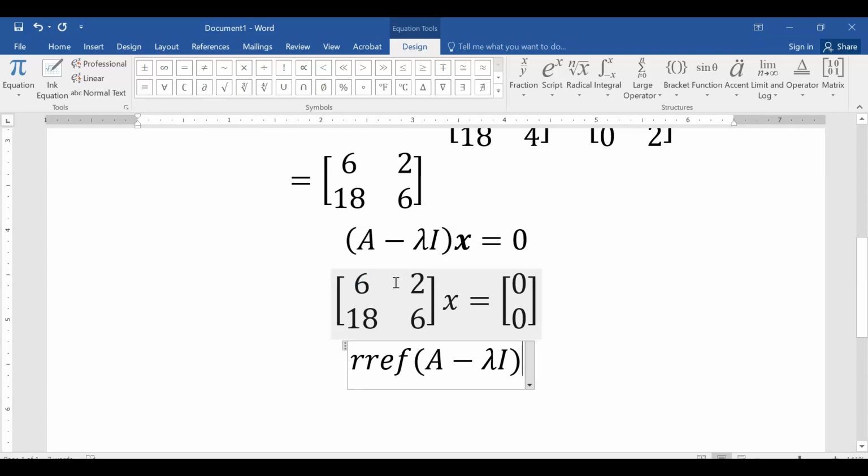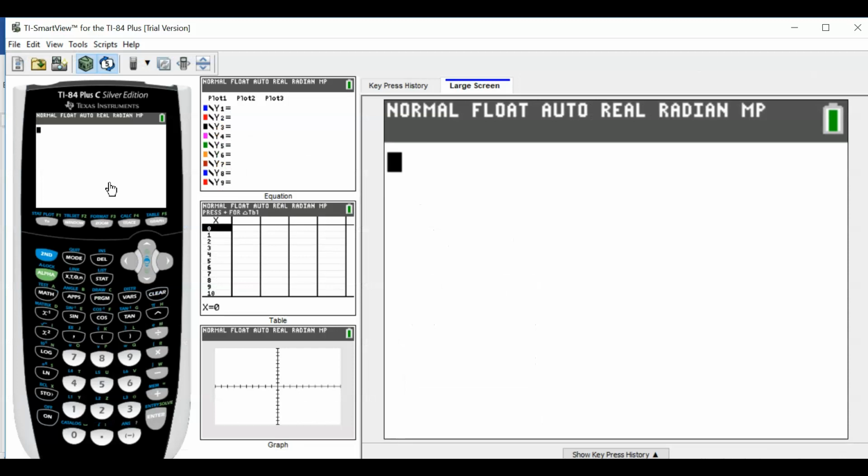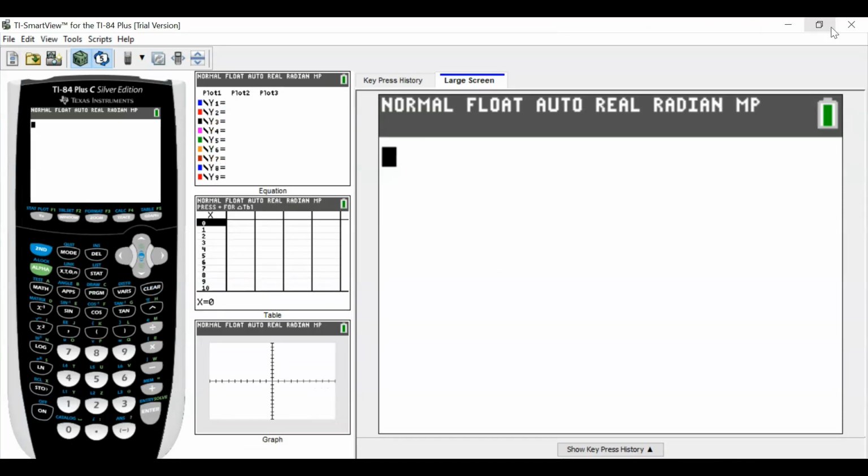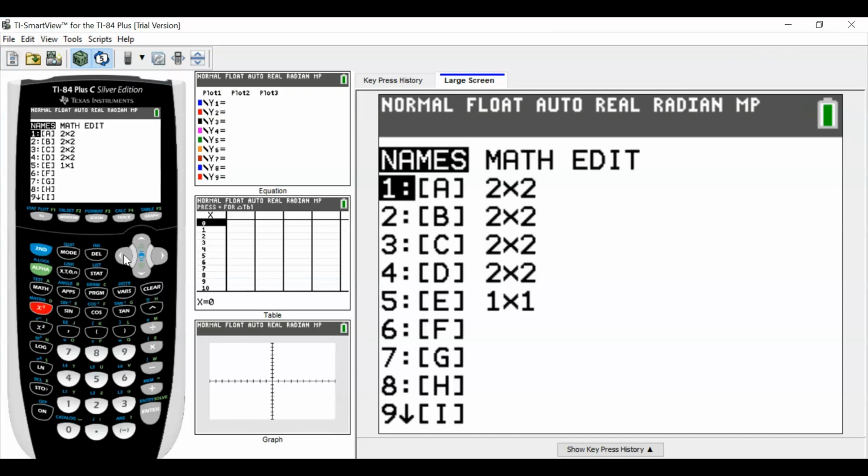So A minus lambda I, and what you're going to get when you do that, well, we can go over it once. Go into our calculator, into my matrix, I'll edit.